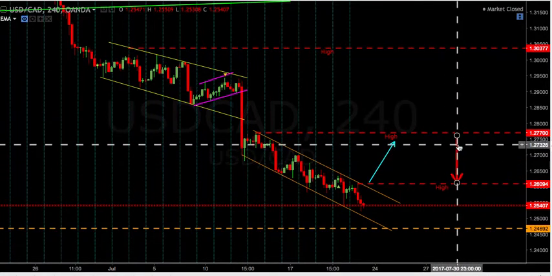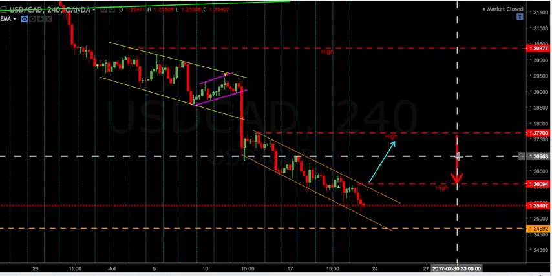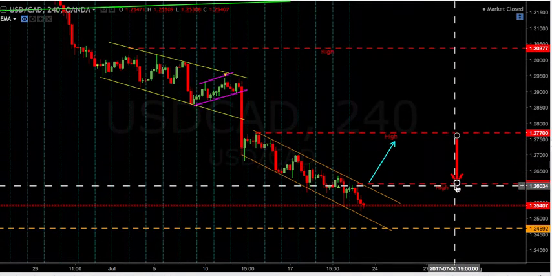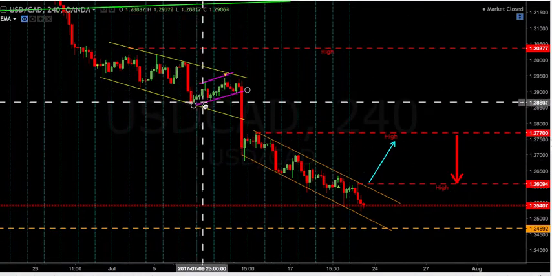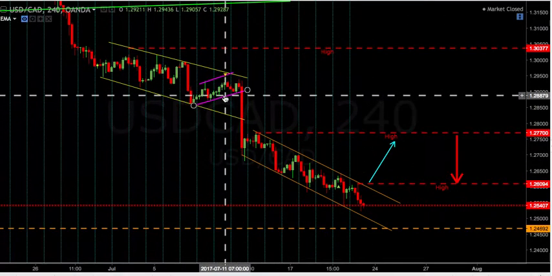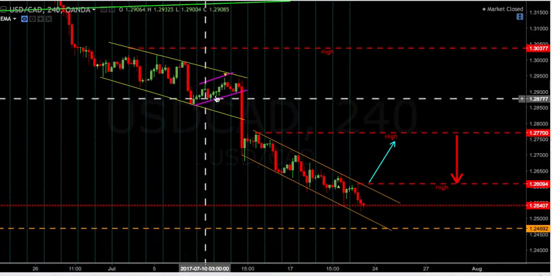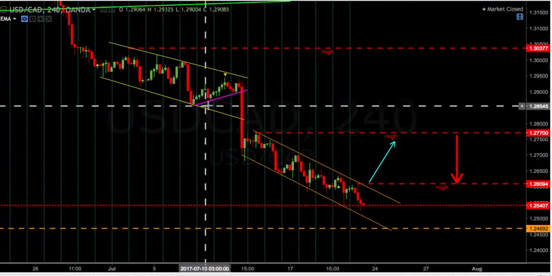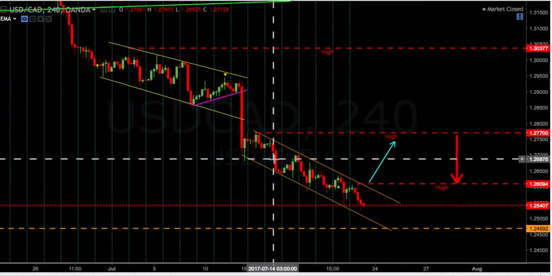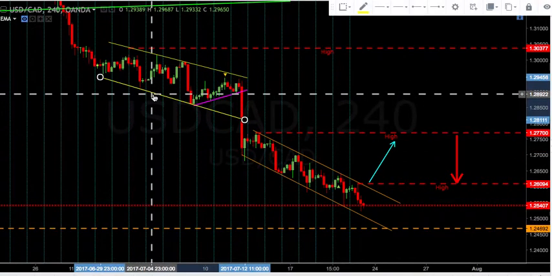And another reason why you need to know your sentiment is it helps you to draw your patterns. Because if my sentiment is bearish, I'm looking to draw my lines underneath price. I don't even need this top one if I'm thinking about the price going down. Same as these two.